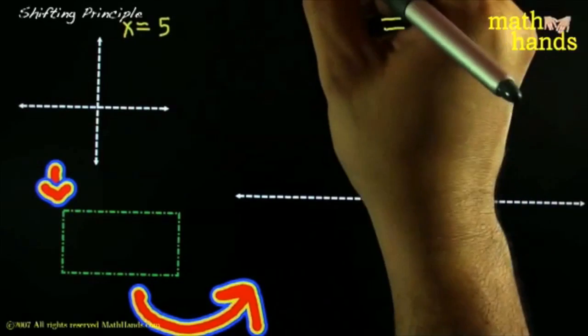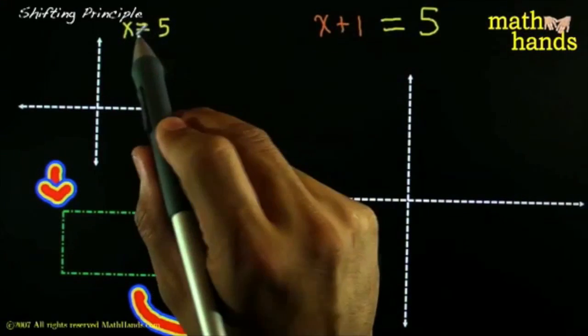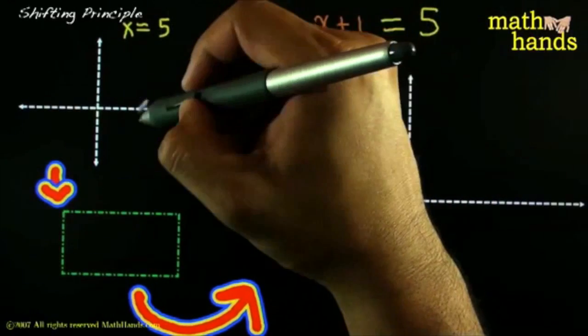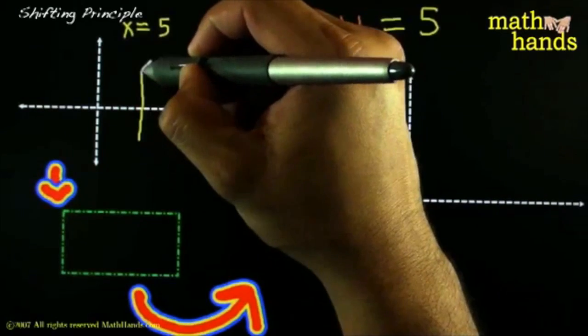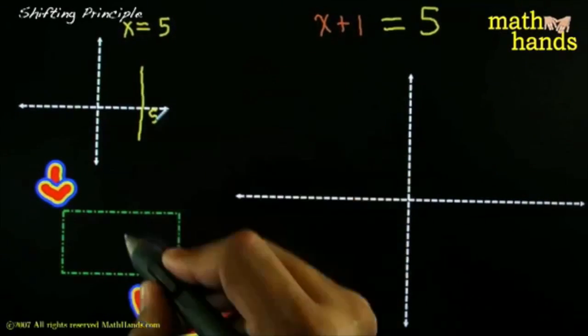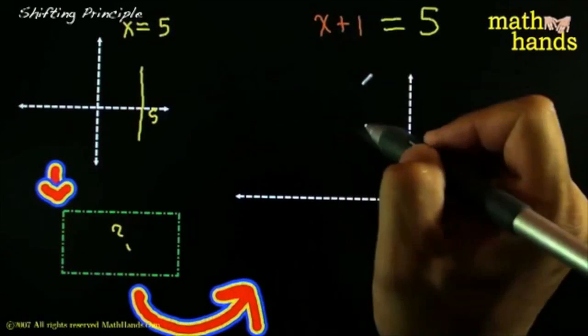Let's explore and think about what that would do to the graph. Replacing x with x plus 1. As is, x plus 5 would be the graph of this line right here, x equals 5. We don't know yet what that does to the graph when we replace x with x plus 1.